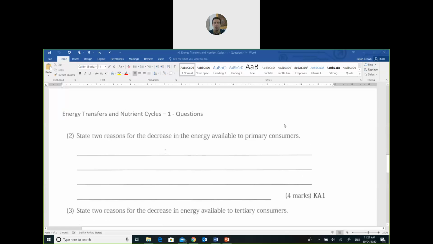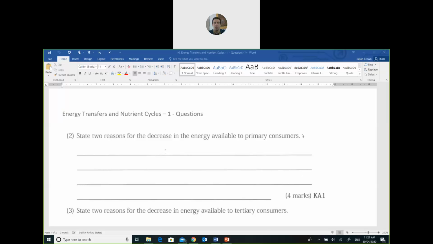What are two reasons for the decrease in energy available to the primary consumers? And so the way I take that question is that we have the sun as the overall initial source of energy. That energy is then taken by the primary producers, our plant life, and then the primary consumers feed on the plant.